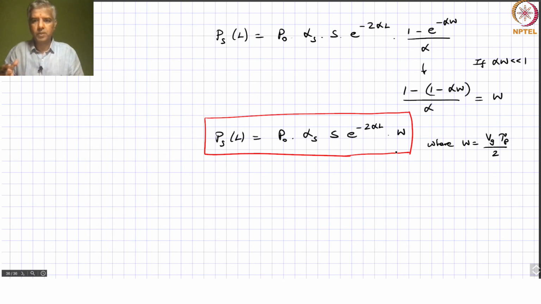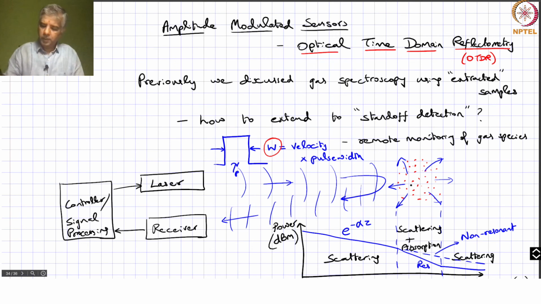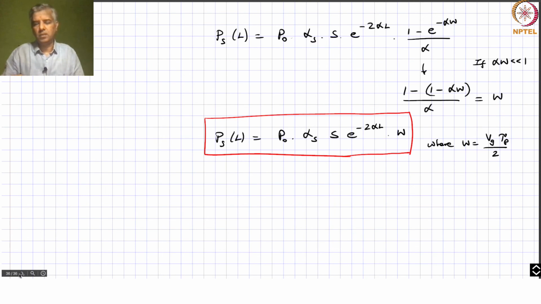Of course, when you say larger pulse width, what you're compromising is the spatial resolution, the ability to look at scattering between 2 points within this region, right? So scattering at this point versus this point, what is the minimum distance that you can actually distinguish these scattering events? If your pulse width is too large, then you compromise on that. We will look into that in a little more detail shortly.